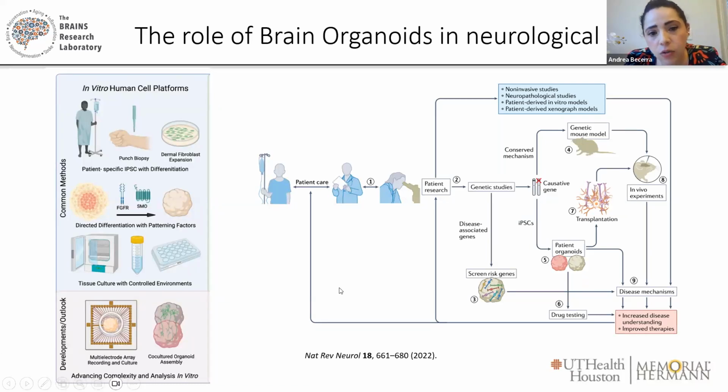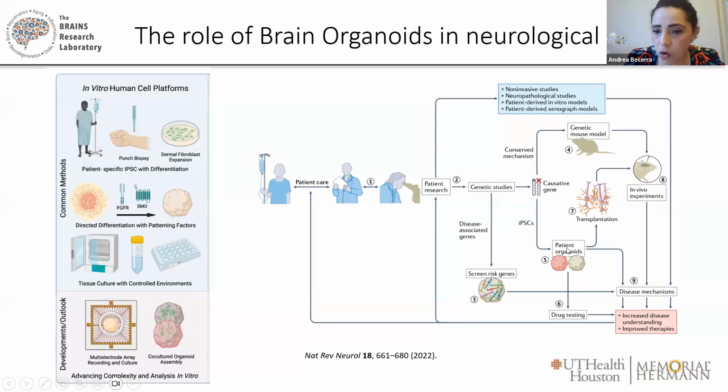So the idea is to get samples from patients, do patient research, make genetic studies, produce iPS, organoids, and transplant these organoids in in vivo models, so we can better understand disease mechanisms, or screen risk genes, increase disease understanding, and improve therapies.